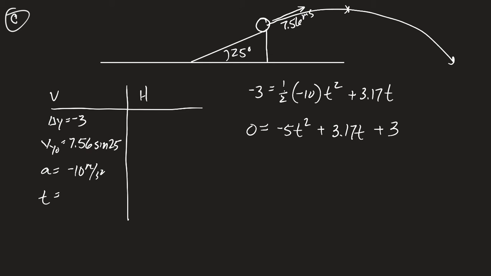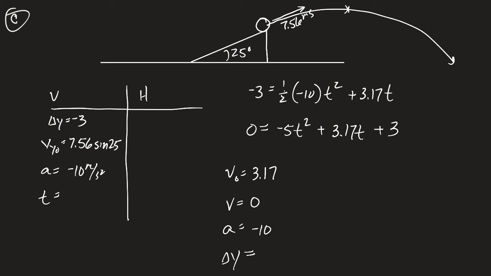you would say the initial velocity is 3.17, the final velocity is 0, the acceleration is -10. This would tell you how long it takes to get the highest point. You would have to find out how high that point is.